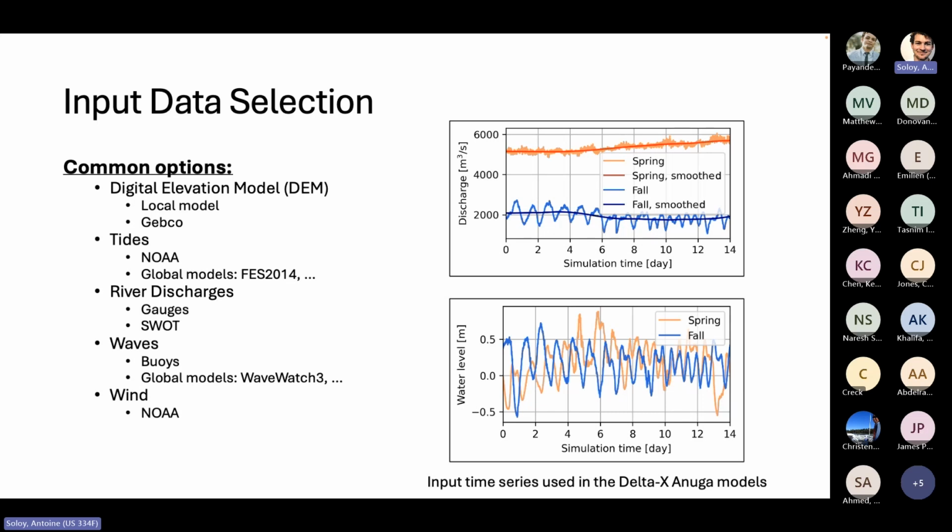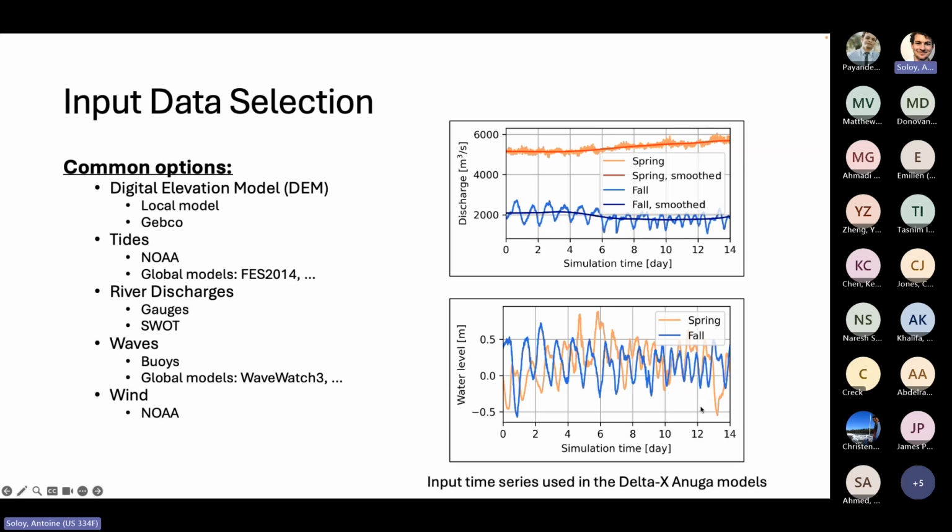In our case, we won't use waves because ANUGA is not able to take them as input, but other models could be able to. For instance, Delft3D that will be presented tomorrow has a wave input. So you can get this data from buoys or also from global models such as WaveWatch III here.